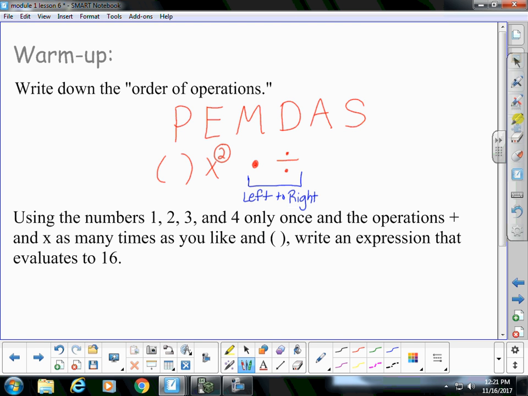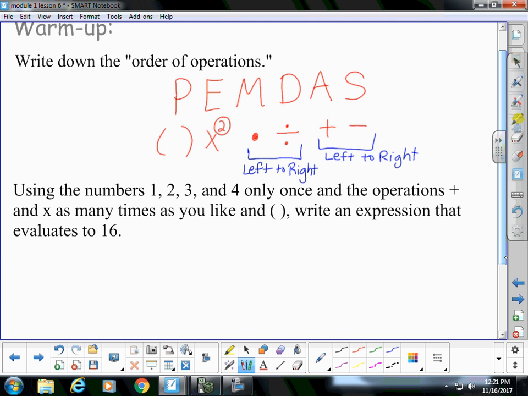And then the A and the S stand for adding and subtraction, and you can actually switch the order of those two around, because again, you do them in order from left to right. So if subtraction happens to come before adding, then you would do that first, just because it came first in the problem.